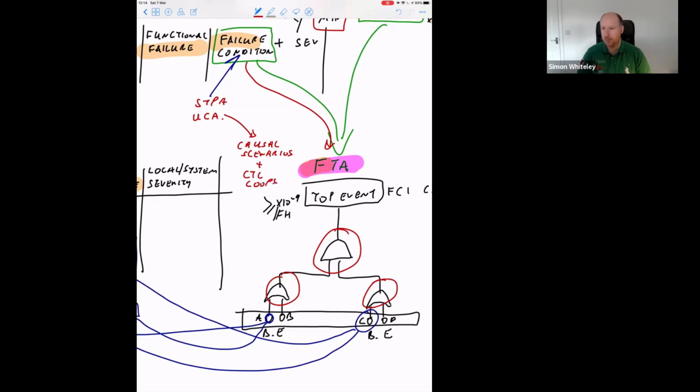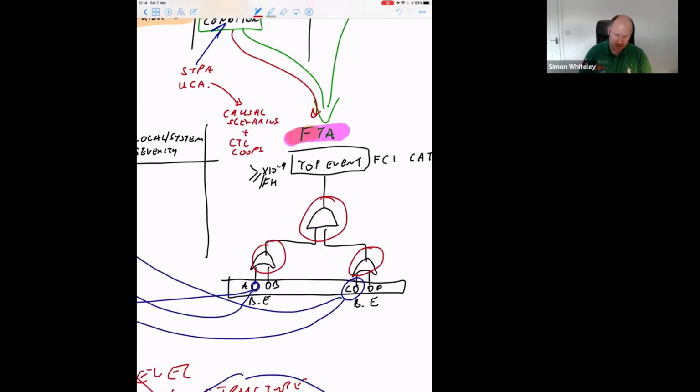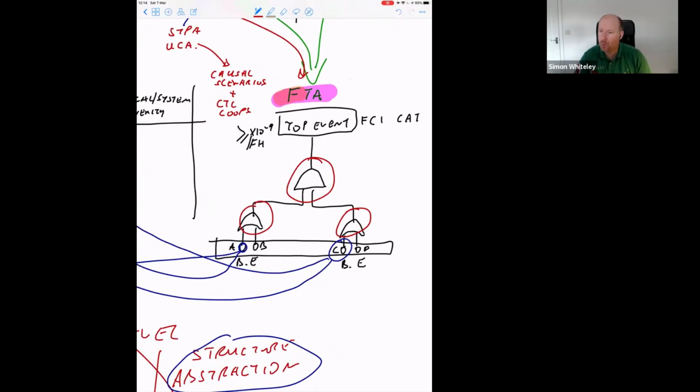That's the only difference. But of course, fault tree analysis doesn't work for control loops. Conceptually, it doesn't work. I mean, you could try and do it, but you'd end up with a massive, really deep fault tree that has difficult logic in it.